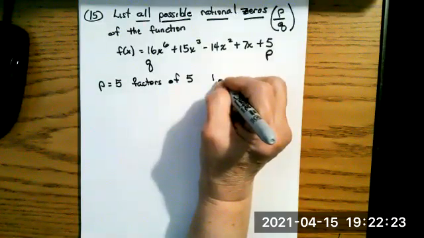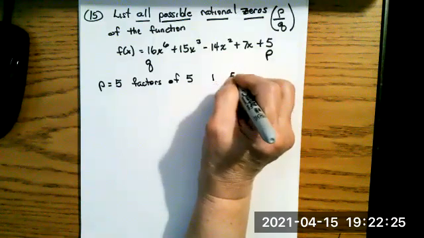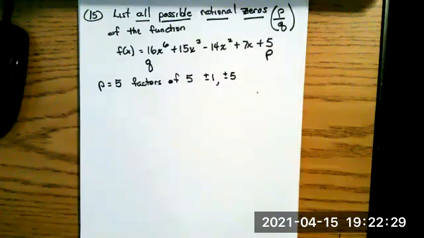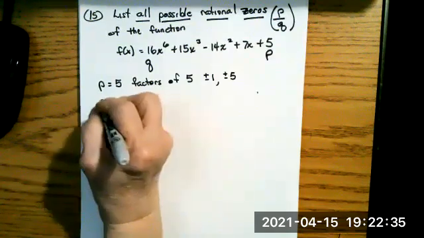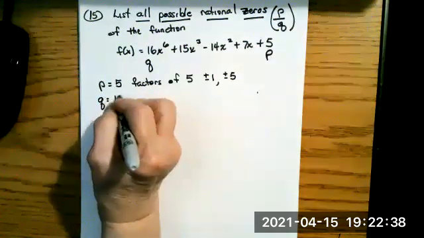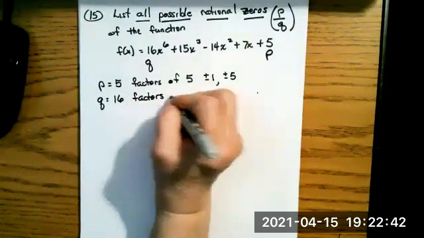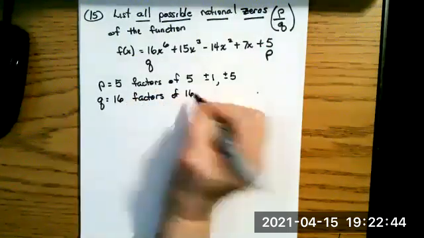That's it, right? But you've got to remember it's plus or minus those. So the Q is going to be the 16, so you need the factors of 16.